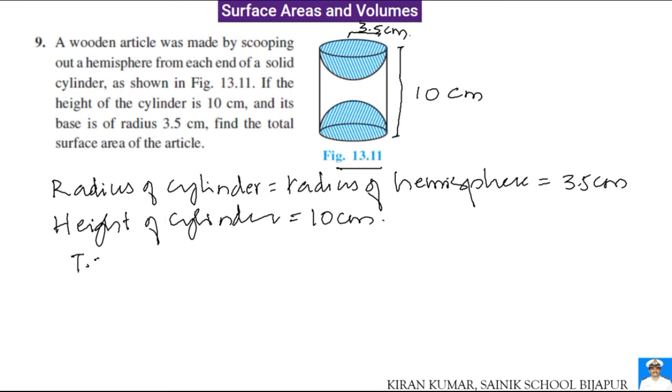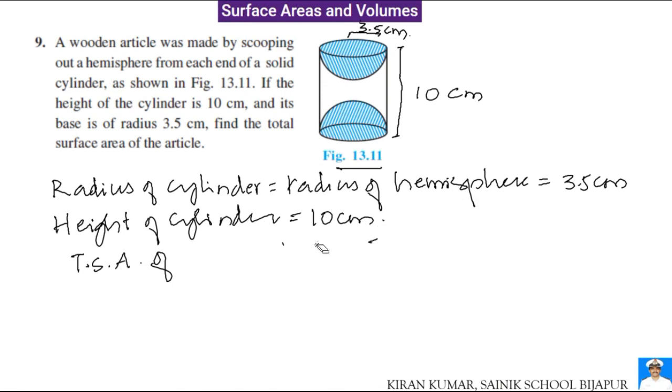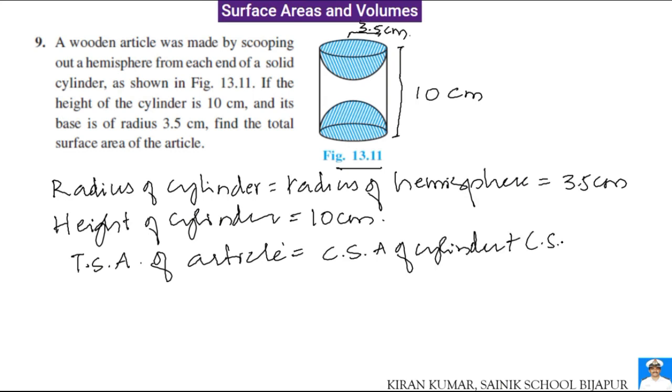So the total surface area of the article will be equal to the curved surface area of cylinder plus the curved surface area of two of the hemispheres.